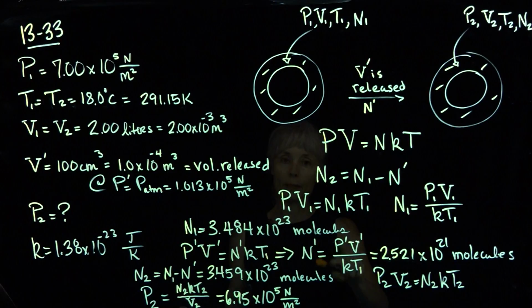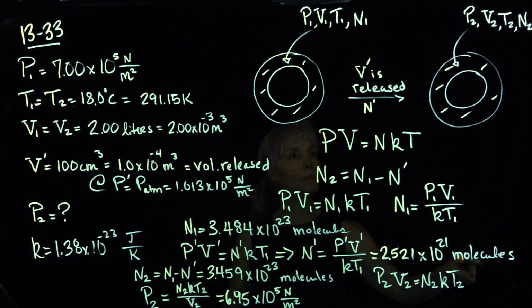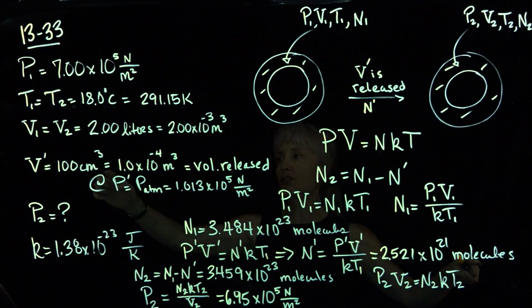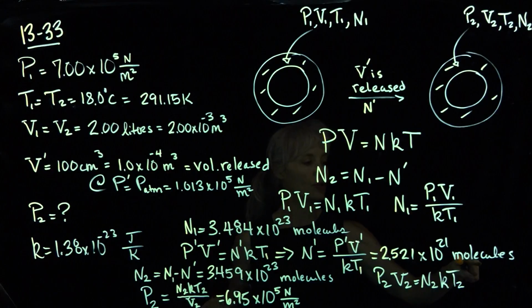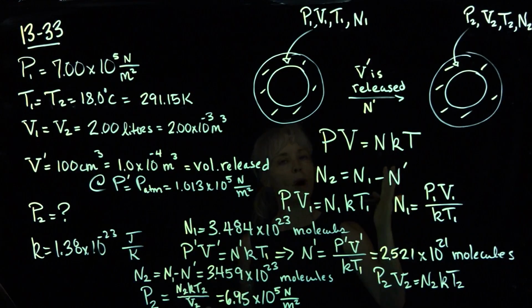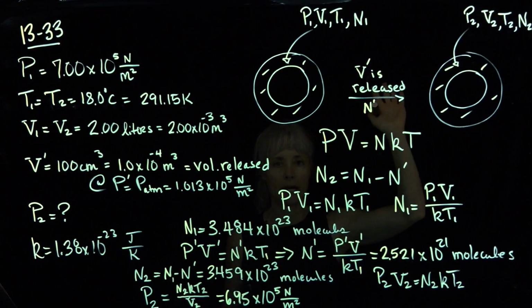When I plug all those numbers into my calculator, I get 2.521 times 10 to the 21 molecules. So as the 100 cubic centimeters of gas was released, 2.521 times 10 to the 21 molecules left the tire.